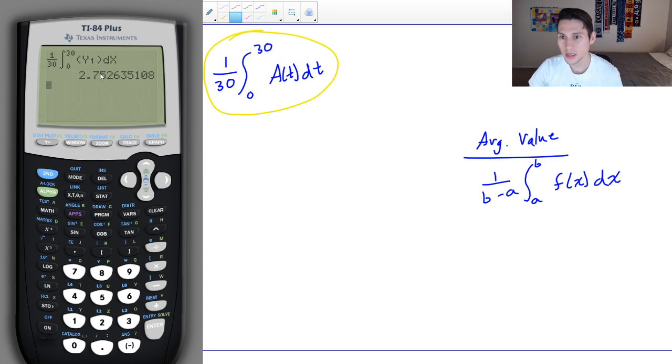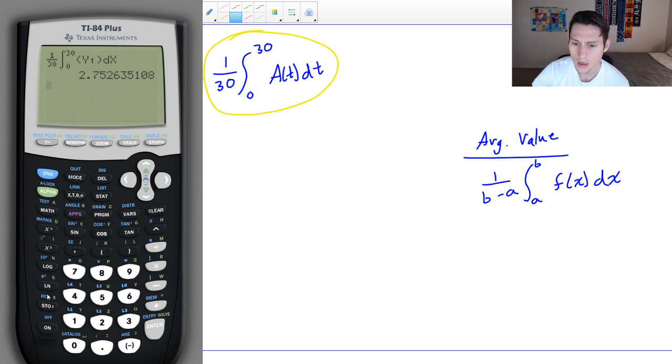This is actually a pretty long decimal here, 2.752635108. I'm worried that if I round this to like 2.753, it's going to screw up my answer, right? Because we try to not round until a final step if we can. All right, so I'm going to do something here. I don't think we've talked about this yet. We can store this whole number somewhere.